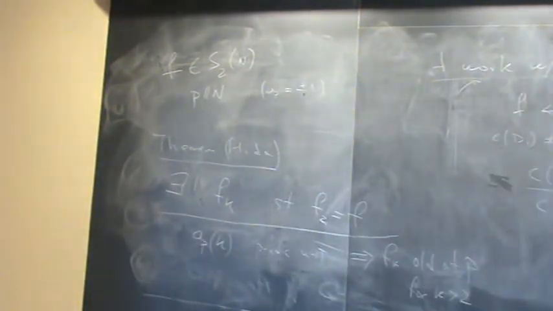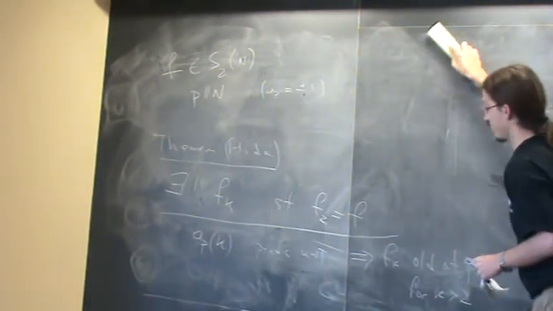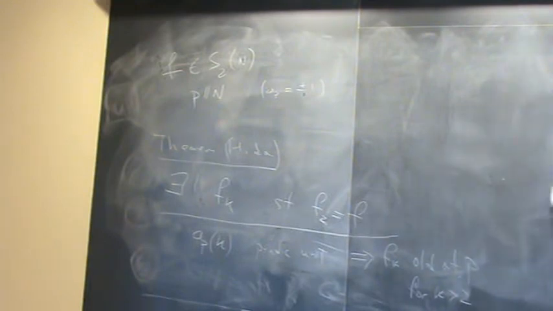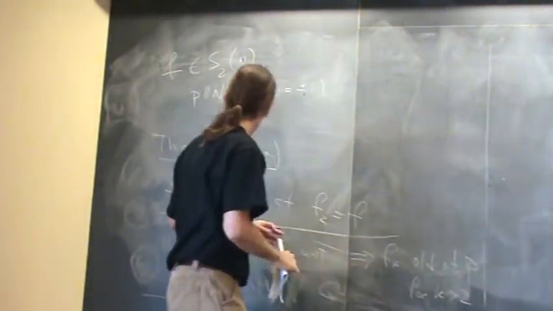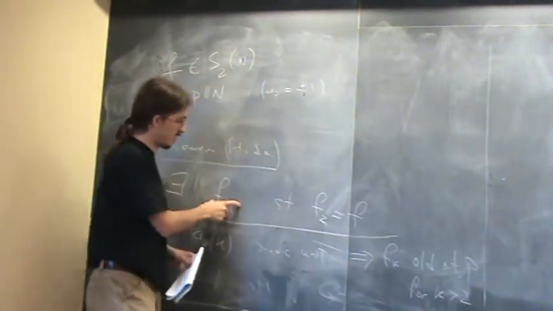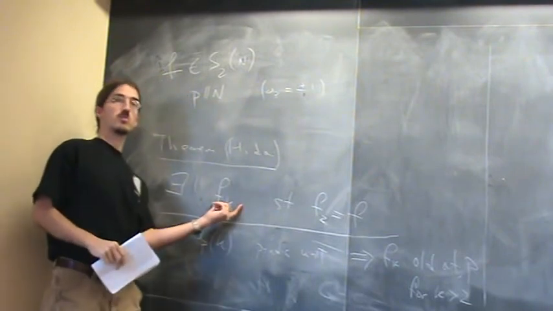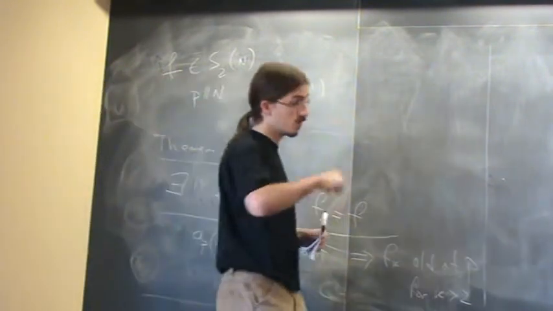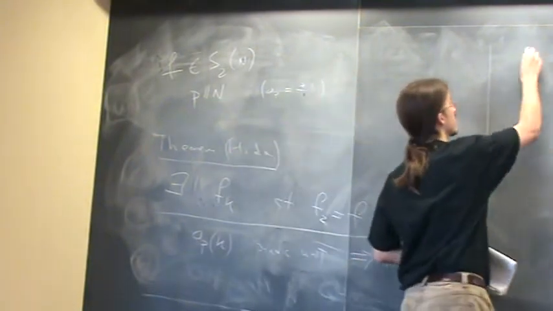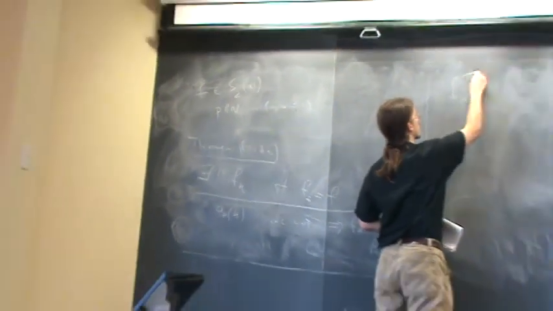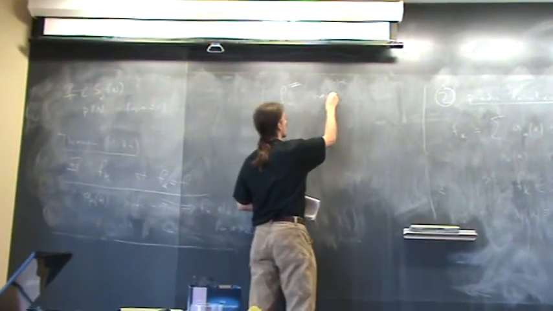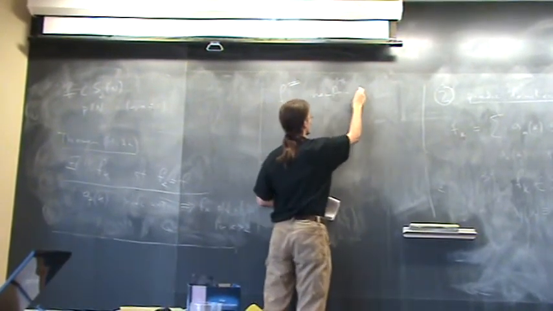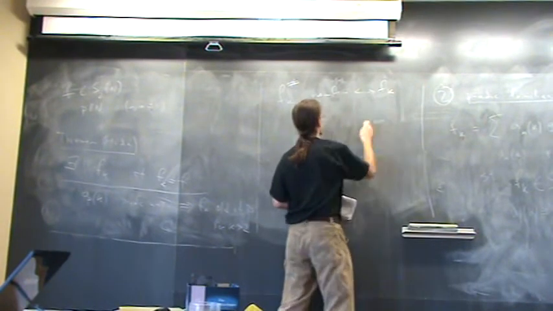And this is a key fact. This means we can consider the corresponding newform, which has a lower level. So we can consider F_k sharp to be the newform corresponding to F_k.